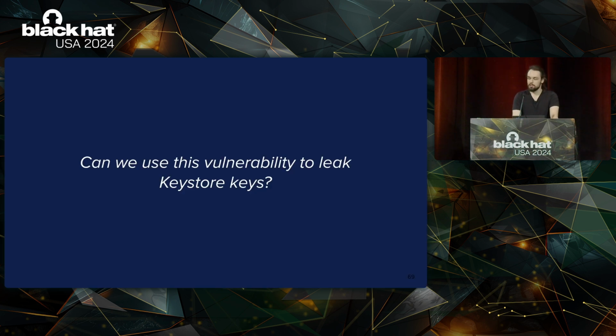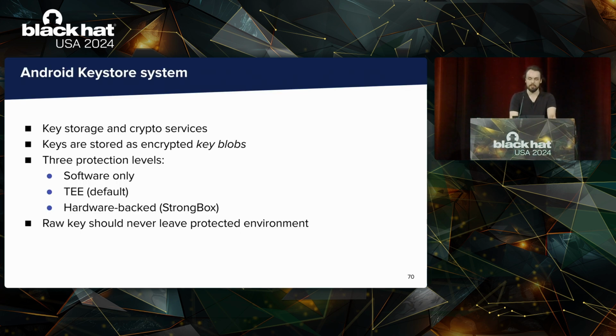So the important question here is, can we use this vulnerability to leak Keystore keys, for example? First, we need to understand what the Android Keystore system is. This system is used for key storage and provides crypto services to the normal world. The keys are stored as encrypted key blobs inside the Android file system.